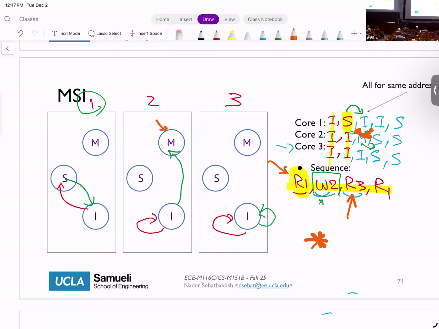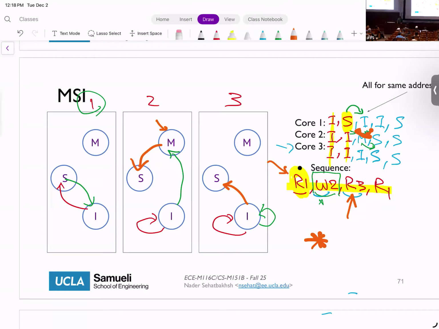So we write back, then we move to the S state, okay? Because now I have the clean copy, and core number 3 can transition from the I state to the S state as well, and the read happens from the main memory, after core number 2 updates the main memory.